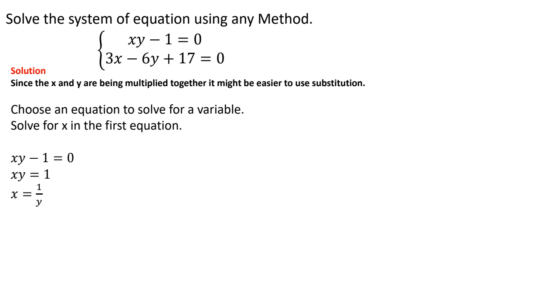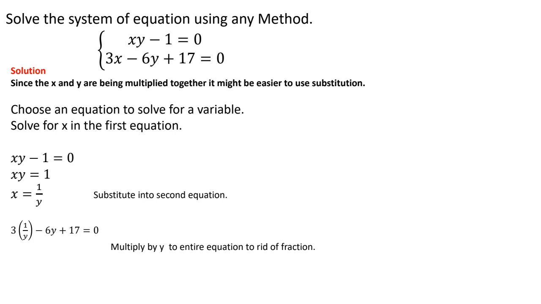All right, let's go ahead and substitute. Since I solved for x in the first equation, I need to substitute this x value into the second equation. So we have 3 times 1 over y minus 6y plus 17 is equal to 0.